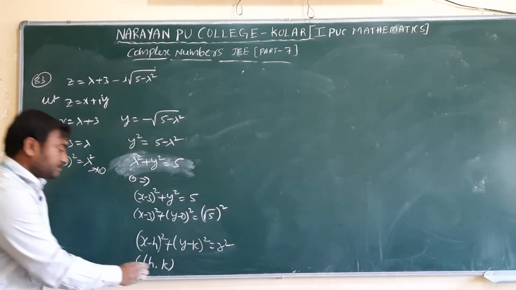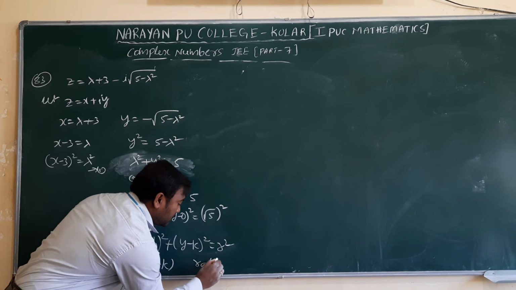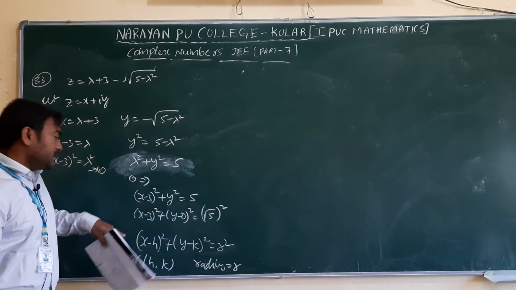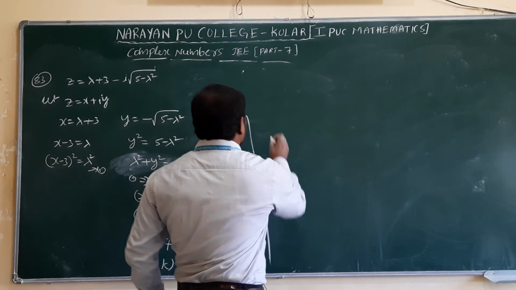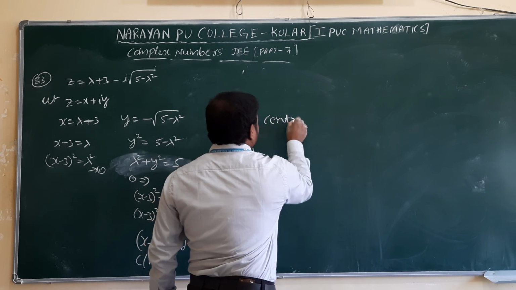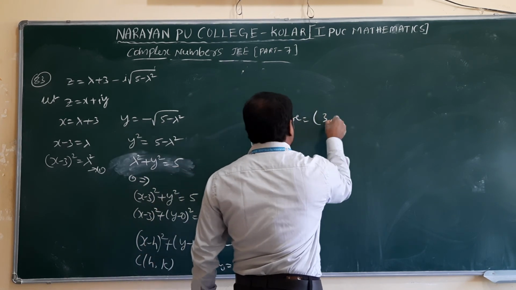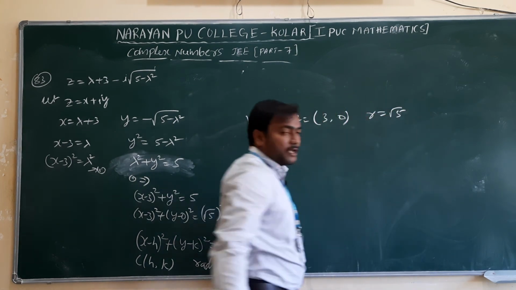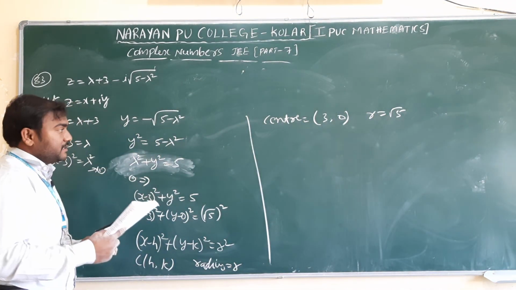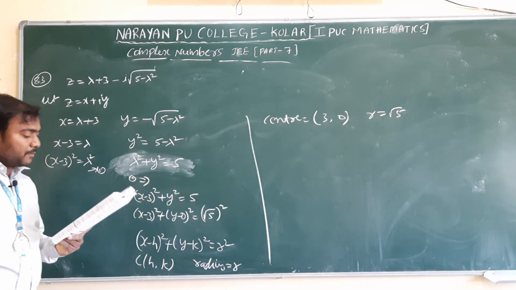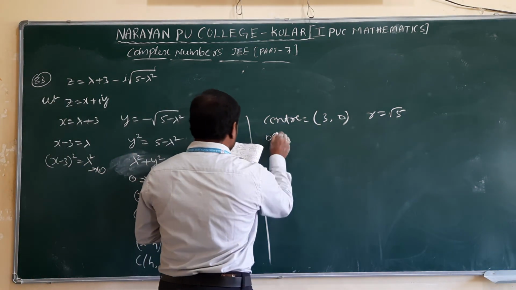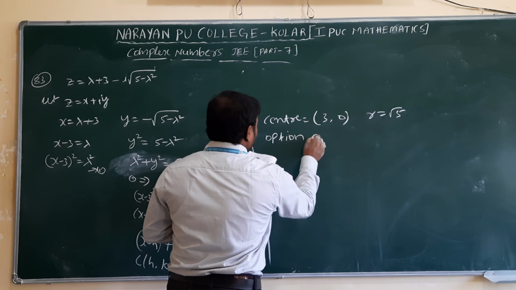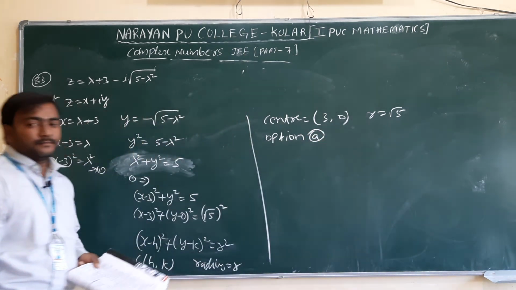Here in this equation the center is 3 comma 0 and radius r is equal to square root of 5. It is the equation of the circle. Option A is the correct option.